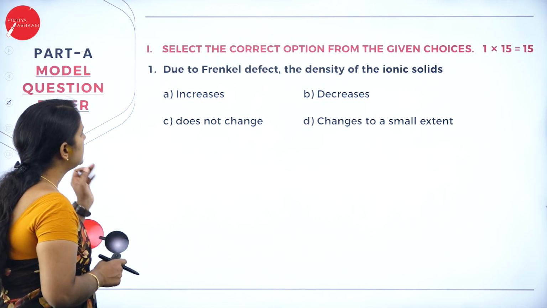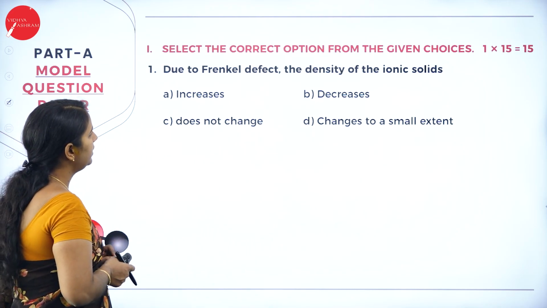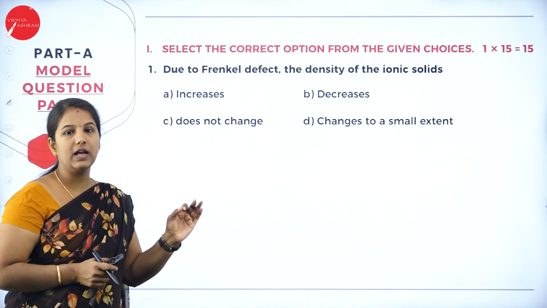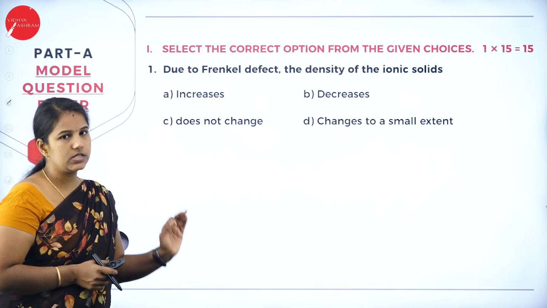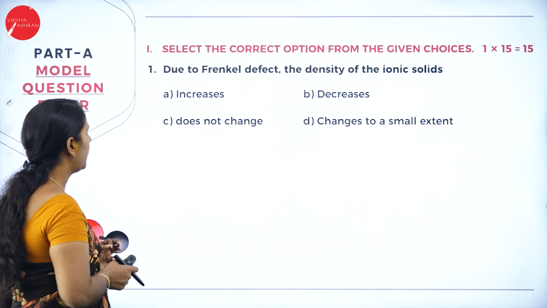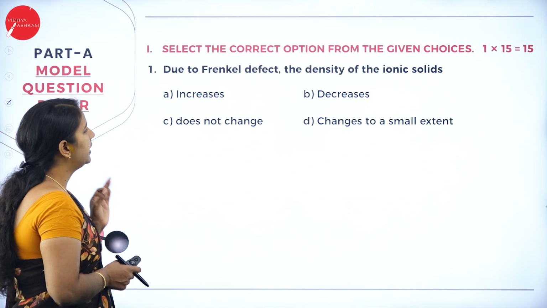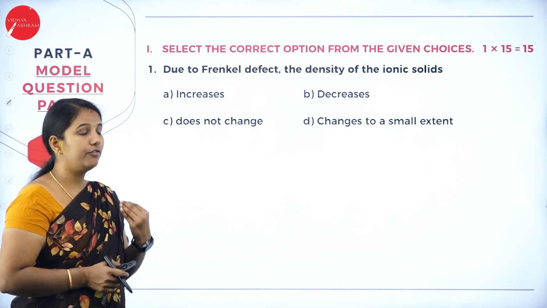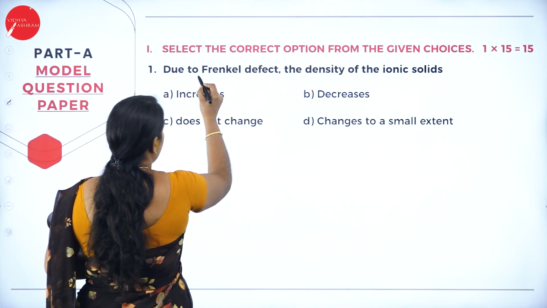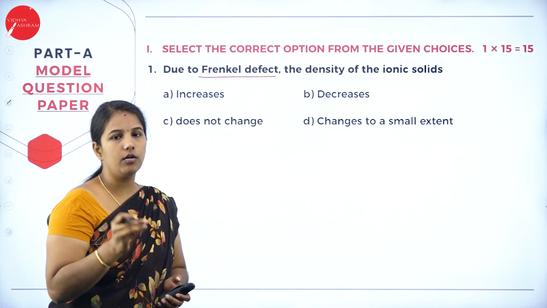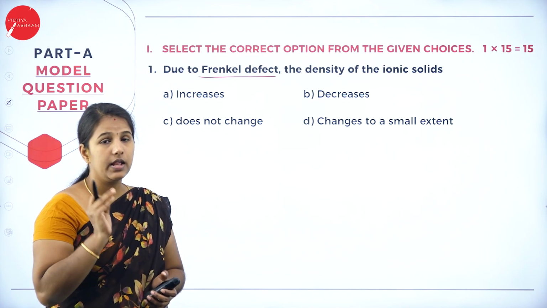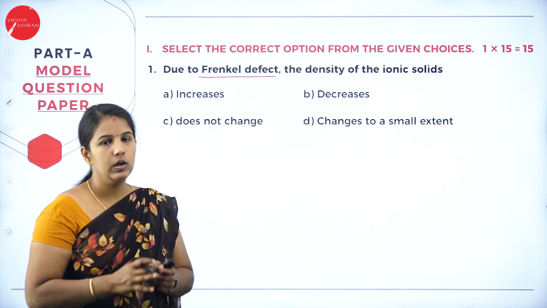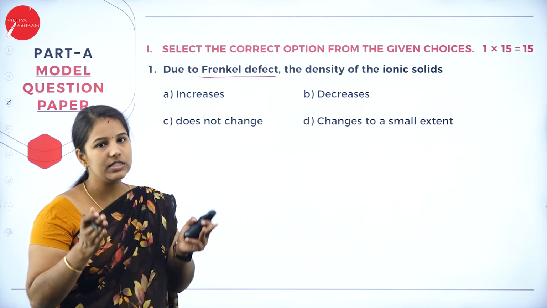Okay. Select the correct option from the given choices. First question, as I said, this question will come from the solid state, that is the first unit in the physical chemistry. Due to Frenkel defect, the density of the ionic solid is... as we all know, in a Frenkel defect, the density of the entire solid doesn't undergo any changes.